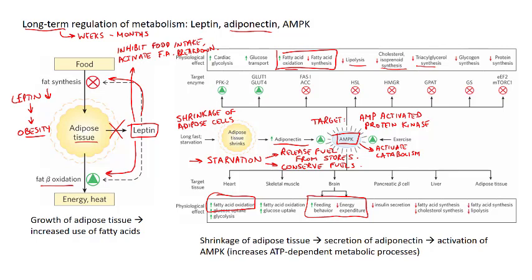So activating AMP kinase is an important therapy in metabolic disorders such as obesity and diabetes. One of the most important drugs out there for treatment of diabetes type 2 is metformin. Metformin activates AMP kinase. It does an awful lot of other stuff as well, but that's one of its most important functions.